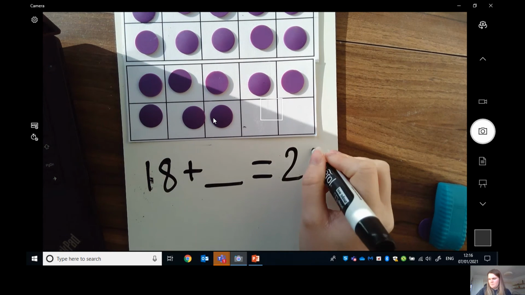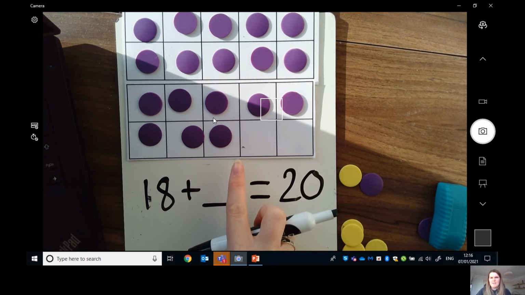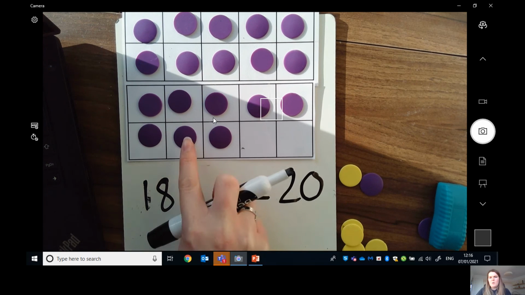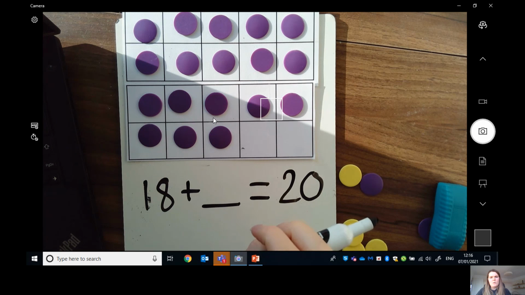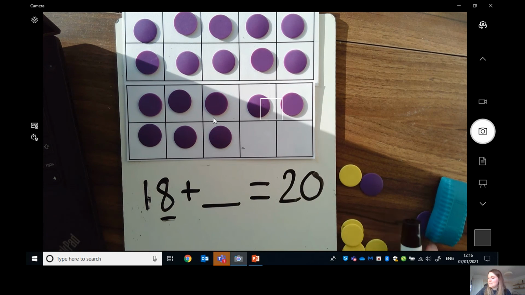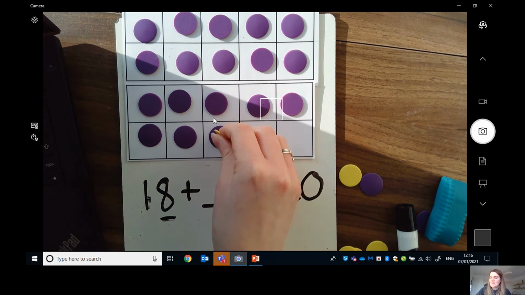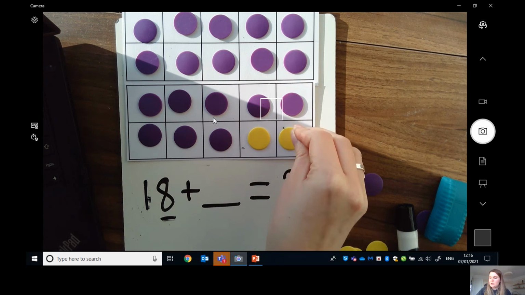equals 20. Now I've already put my 18 out for you, but we can figure out what this answer is by using our 8 plus, you got it, 8 plus, we fill out the rest to figure it out, 8, 1, 2.